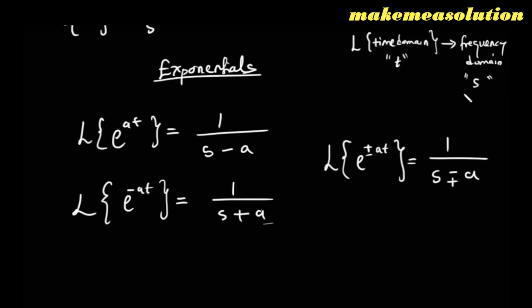And for most of you, you will know that s is something like alpha plus j omega. Okay, so this is the actual depiction of this variable s. For those of us that are into control theory and electrical electronic engineering, s is alpha plus j omega. Alpha is an attenuation value, and omega is an angular frequency.